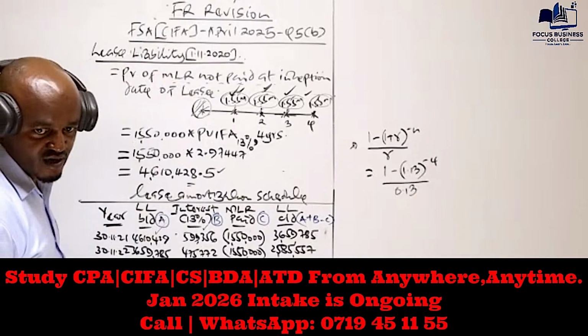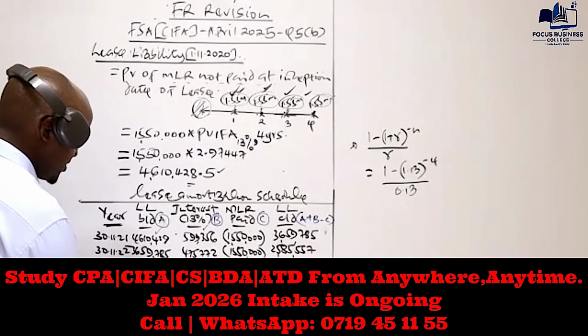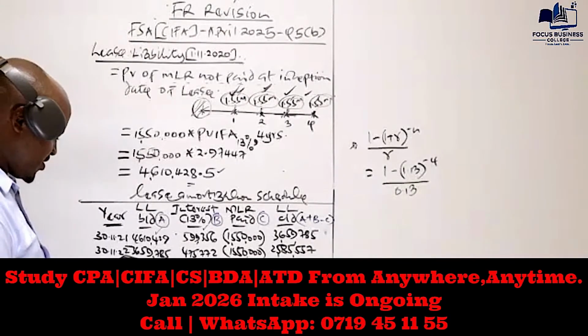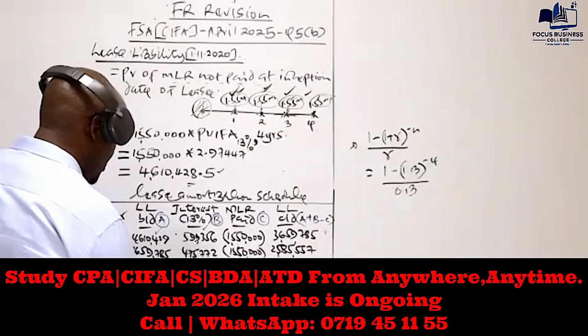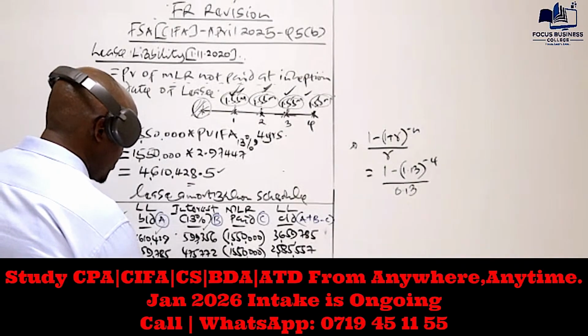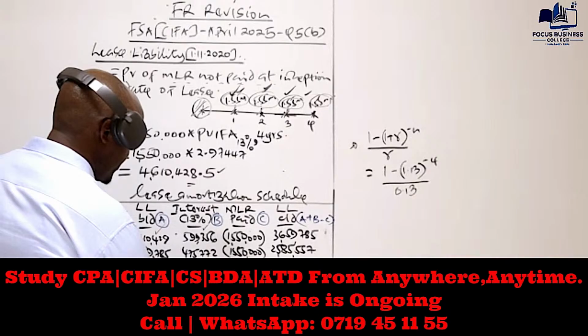I hope that is what you're getting. So that will be the opening balance here. And then we compute the interest as 13%, and basically I'm getting 178,318. So the amount paid there is 1,550,000.